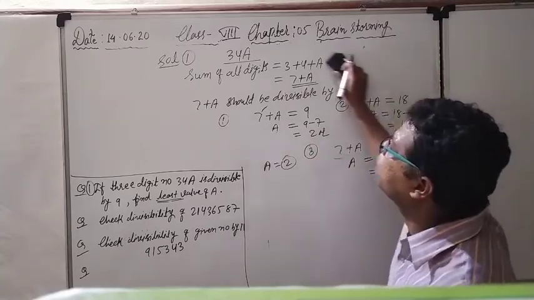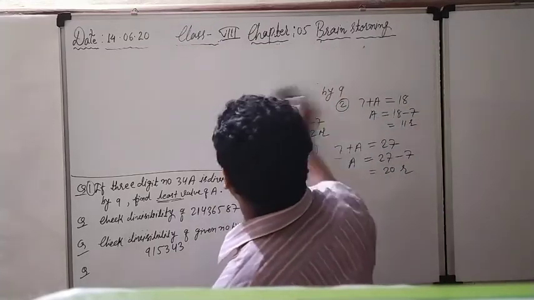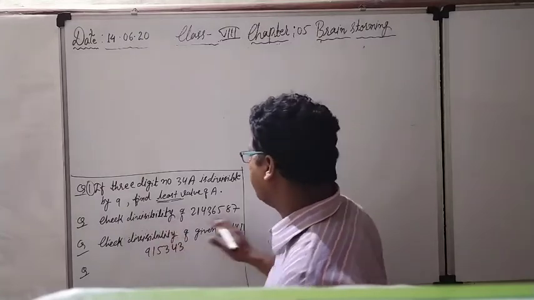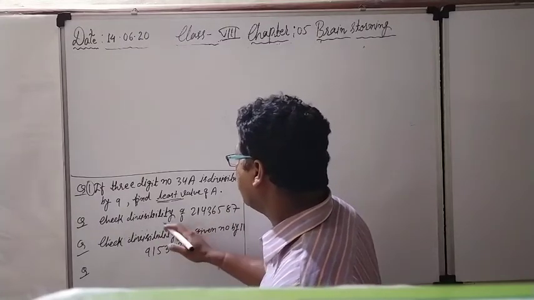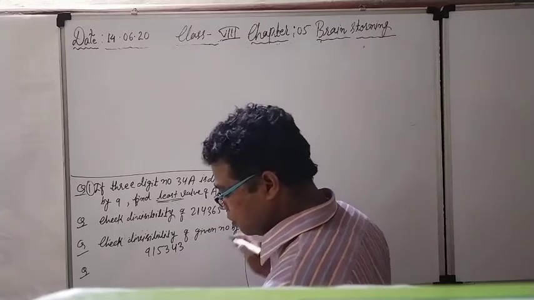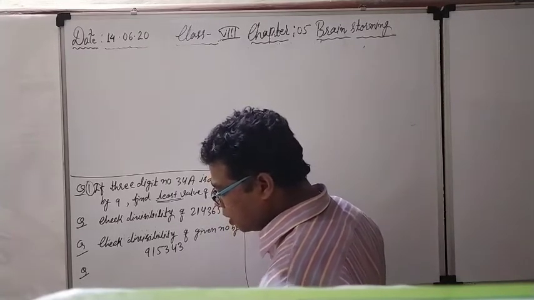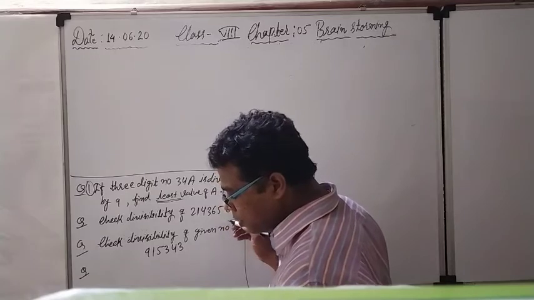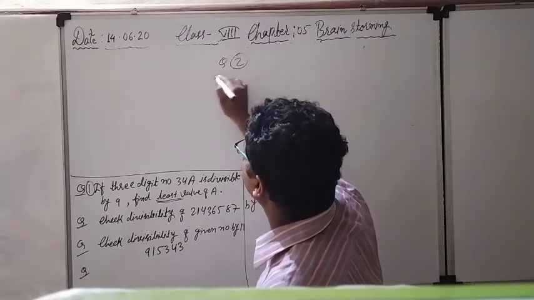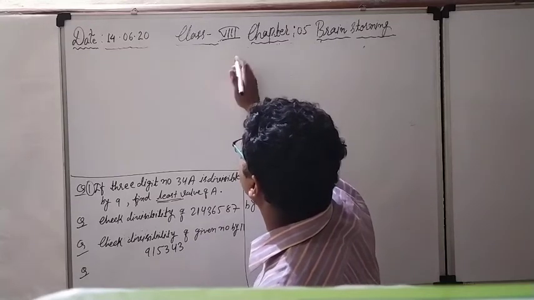See, one more question I am going to solve. Check the divisibility of this particular number by 9. This is the question. Question number 2, in front of you, you can see solution number 2.